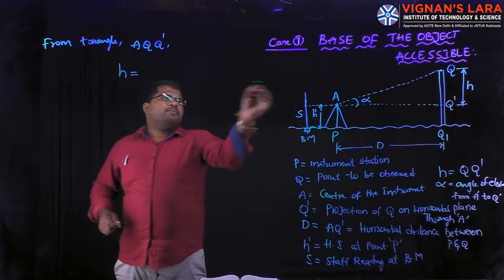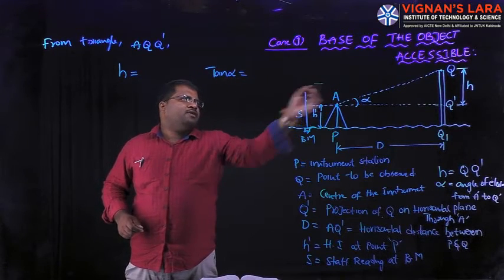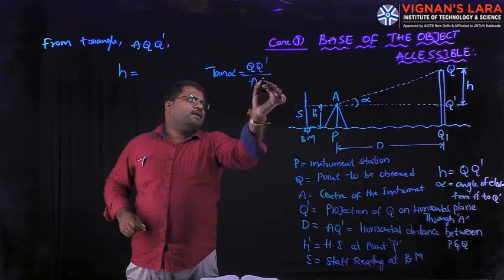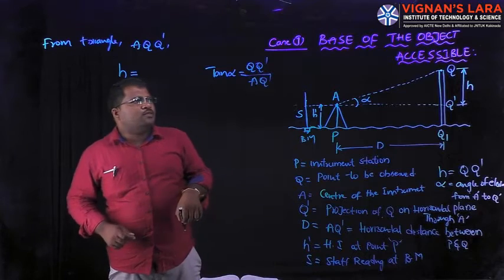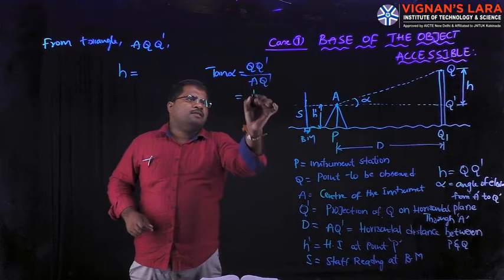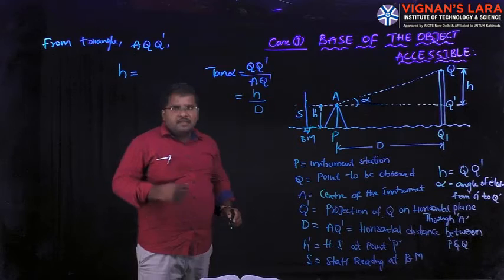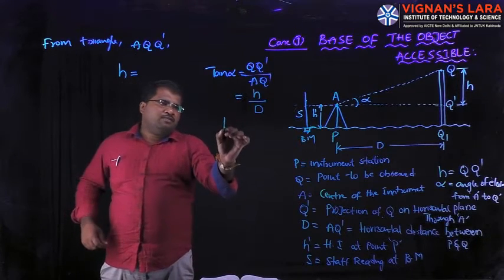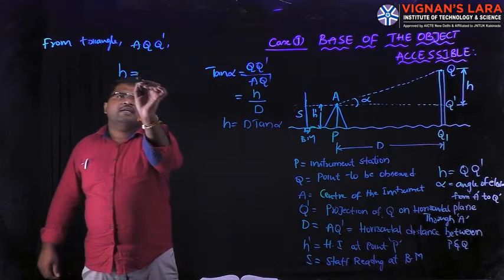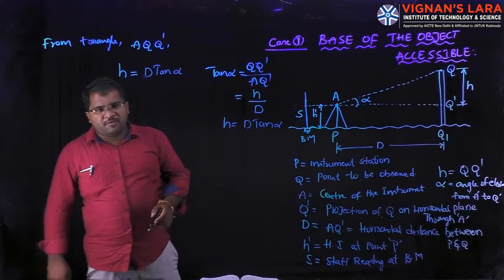Here you can see tan alpha is equal to Q Q dash divided by A Q dash. What is Q Q dash? Q Q dash is small h, and A Q dash is D. So from here the H value will be equal to D tan alpha. So here I am writing H is equal to D tan alpha.